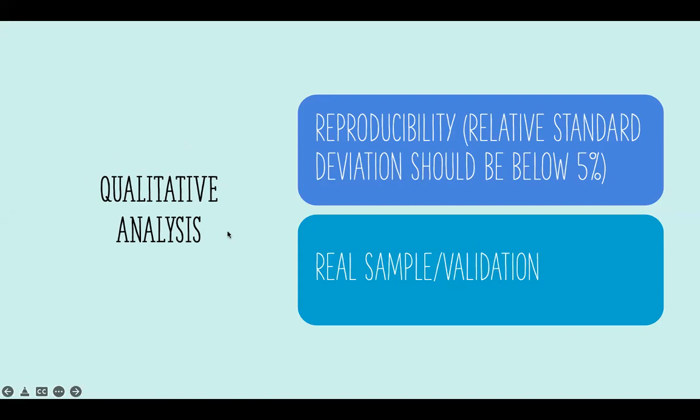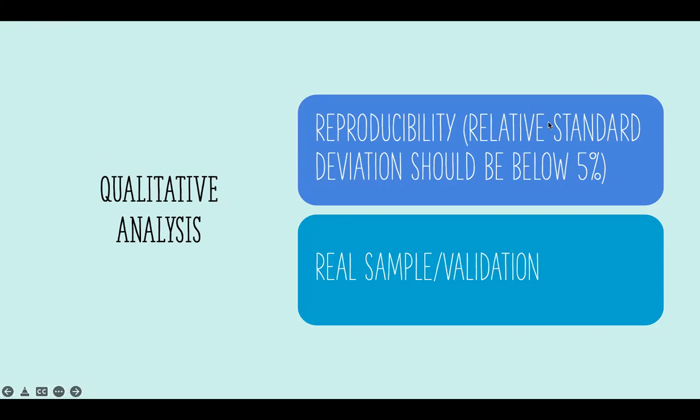Okay, for qualitative analysis, where you just want to know yes or no, you don't have to do calibration plots or dynamic range just now, but at least you have to have very good reproducibility. It means that you have 10 similar sets of experiments, you should be getting more or less the same signal.